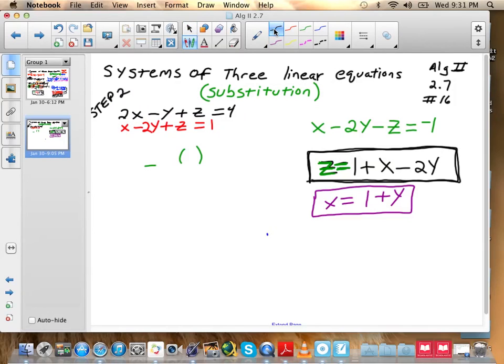So then I'm just taking the equation written in black and moving it back up. All right, now we're ready to move on to step 3.